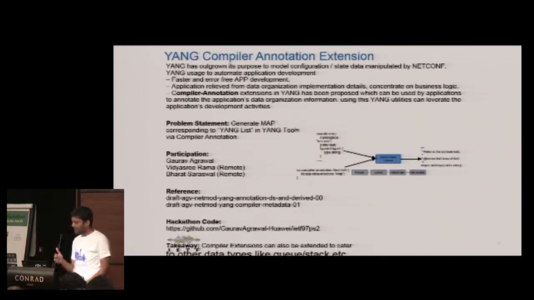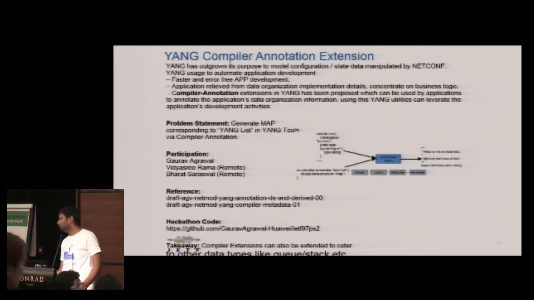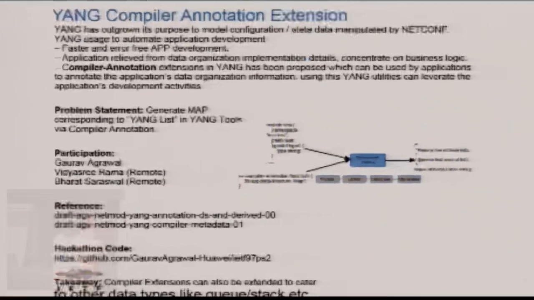So for that, the compiler annotation makes a lot of sense. Using the compiler annotation, during the last hackathon also, we gave some hackathon problem statements. This time also, we have extended the same for this particular purpose. The code is again available in the private Git, and one of the major takeaways from this is we can further extend the tool to generate other data types like queue, stack, and so on in the future. So that's it from my side.